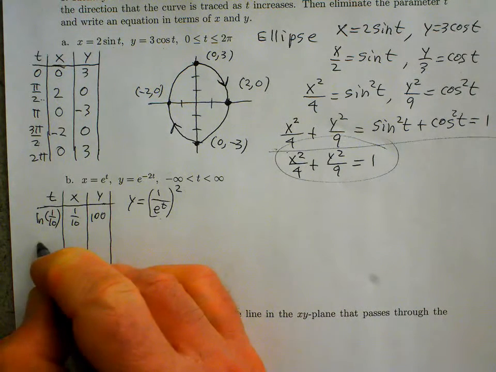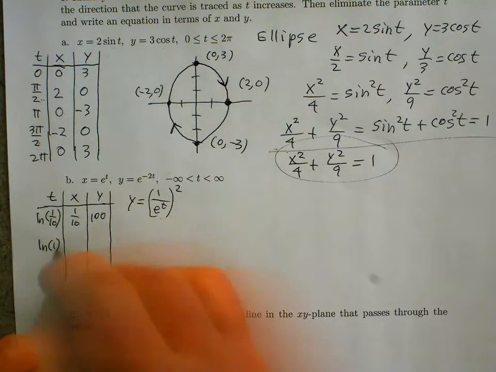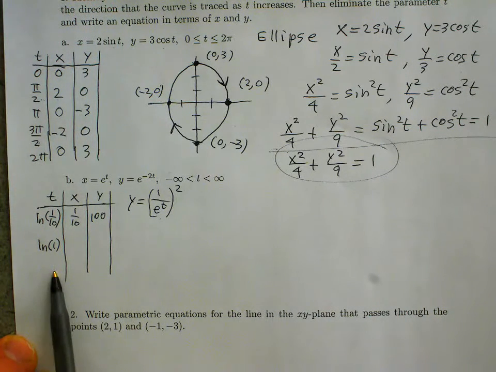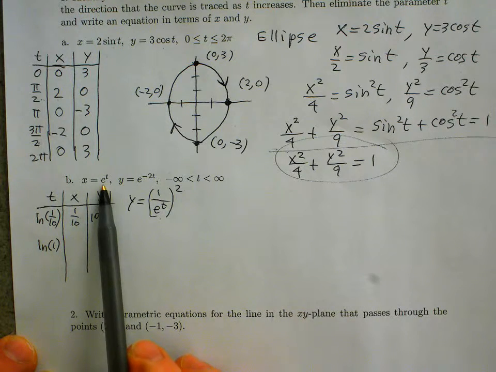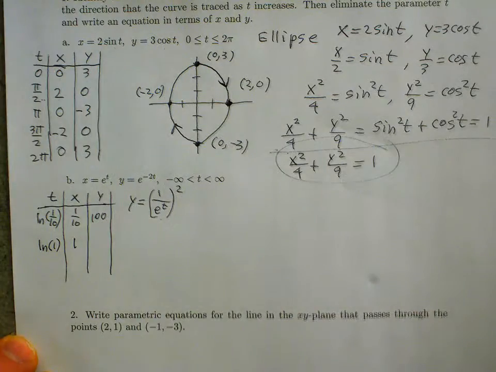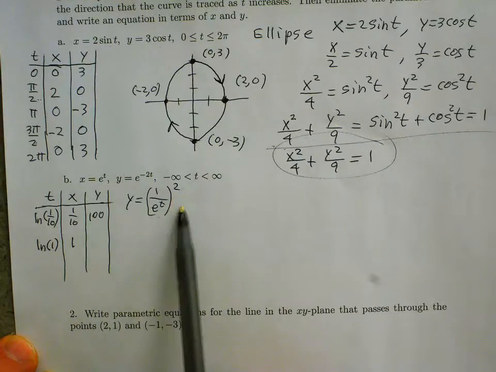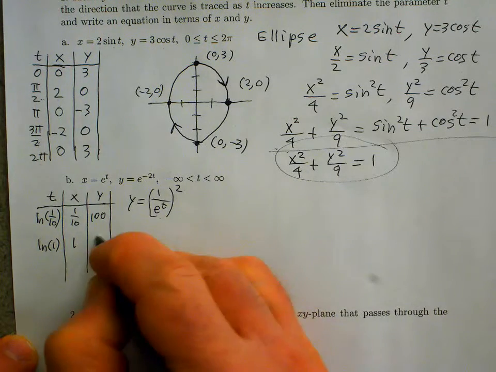So the next t value I'll pick is the natural log of 1, which is 0. And so e to the natural log of 1 is just e to the 0 or 1. And the y coordinate is 1 over 1 to the second, which is also 1.